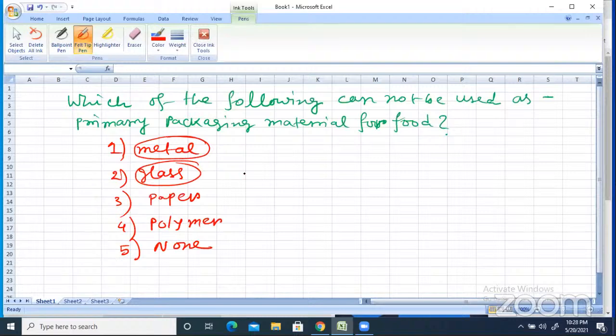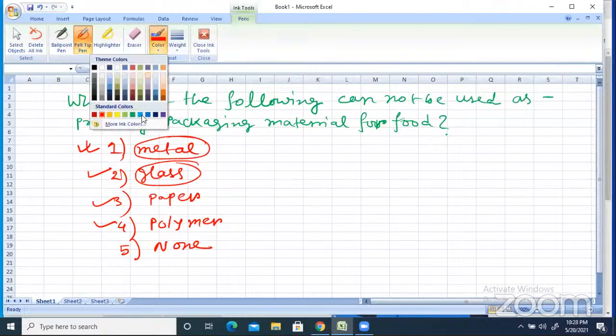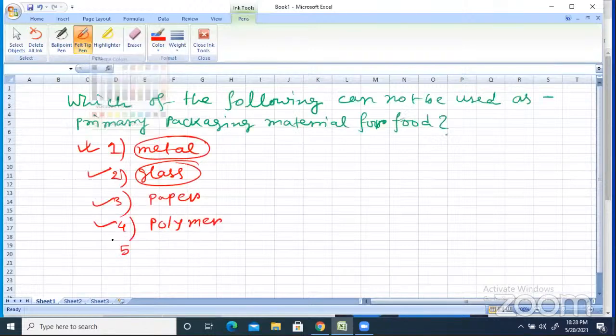Metal, you cannot package with any kind of metal. People will assume any kind of metal, any glass, any paper, any polymer. No, there are specific standards. So it is a tricky question. Your answer will be none.